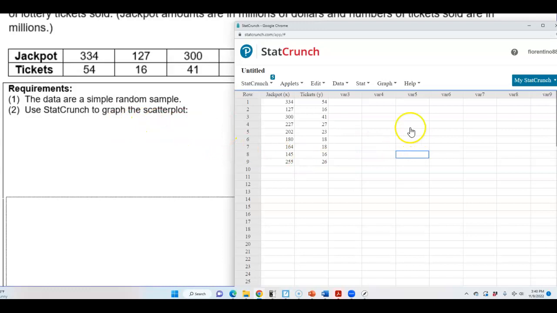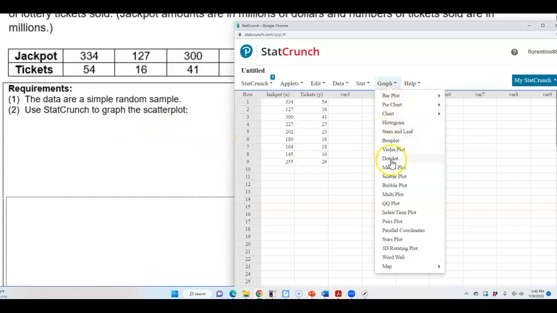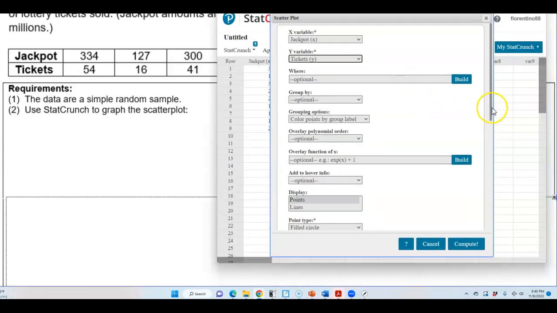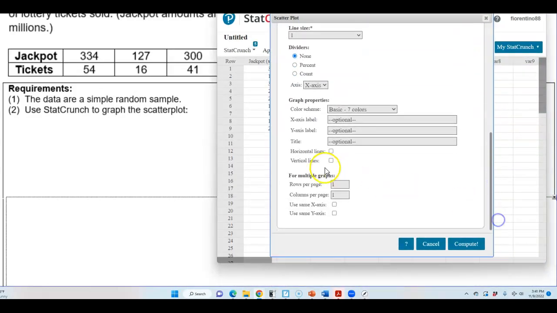We want to create a scatter plot. So we're going to go to Graph, scroll all the way to Scatter Plot, select the X variable, which is the jackpot, and select the Y variable, which is the tickets. Then we scroll all the way down and select the vertical and horizontal lines.